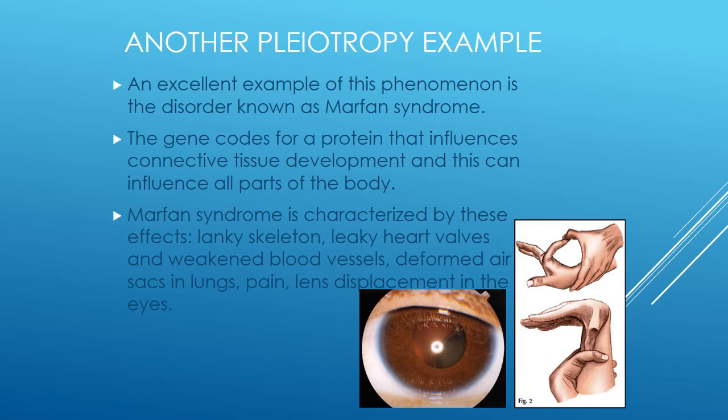And basically you end up having problems like lanky skeleton, leaky heart valves because the connective tissue in the heart valves isn't working properly, weakened blood vessels, lens displacement in the eye. And I don't know if you can see that in this picture, but see this curvature right here? That's the lens. The lens is supposed to sit in the middle so it focuses properly, but the connective tissue that holds it in place isn't working right, so it's kind of fallen to the side.